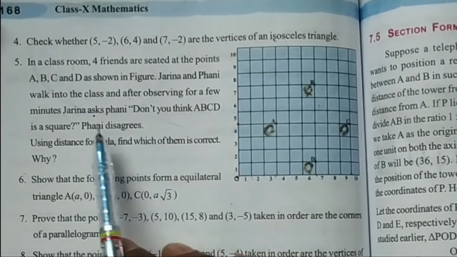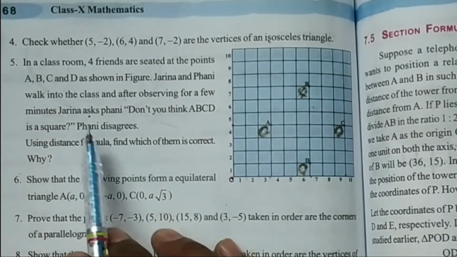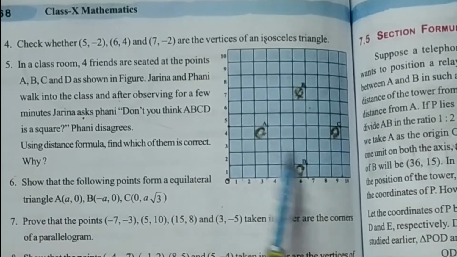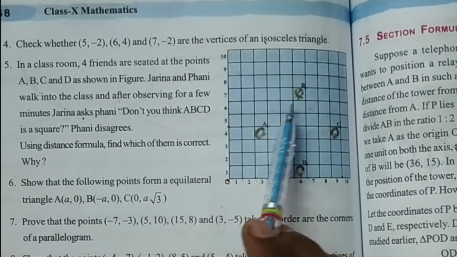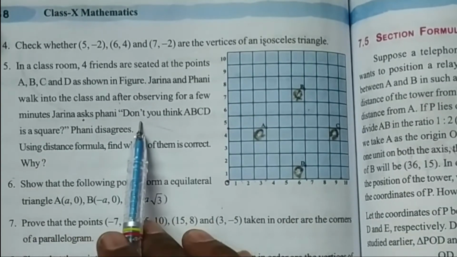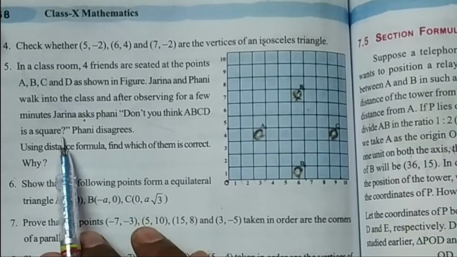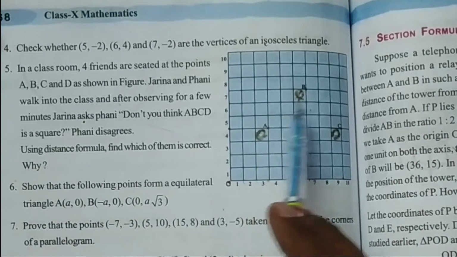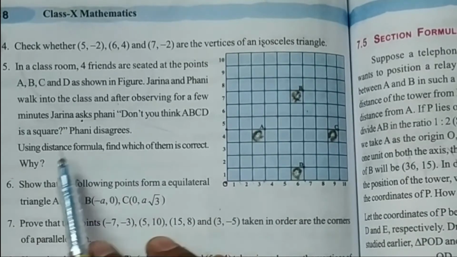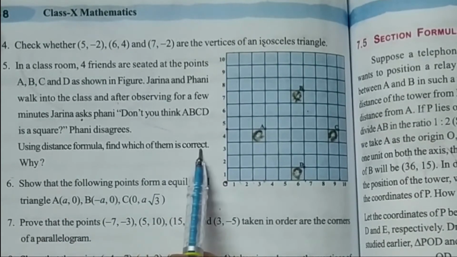Observe this problem. Here Zarina and Fani are discussing the seating arrangement. So here ABCD forms a square. Zarina asks Fani, don't you think ABCD is a square? So Zarina said that the seating arrangement forms a square, but Fani disagrees. Using the distance formula, find which of them is correct.